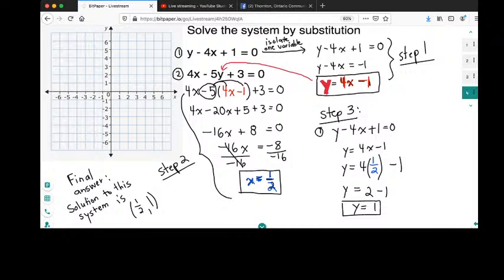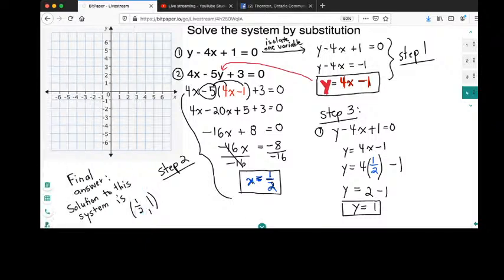So we know that our point of intersection occurs at (1/2, 1). So that's going to be here somewhere, right there. Now, what we're going to do is actually graph these systems. So if I have 4x minus 1, then I'm going to graph that first. Let's use a red pen here.